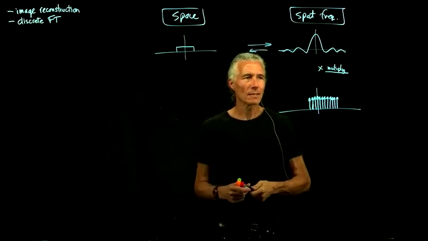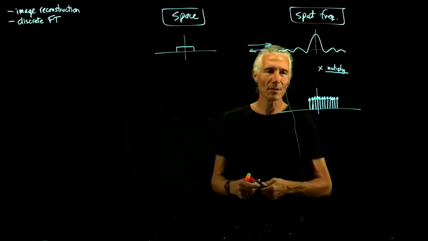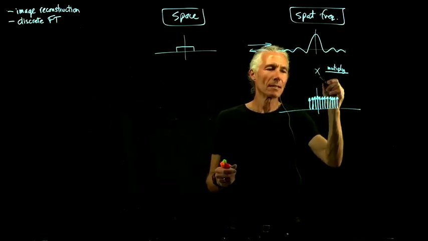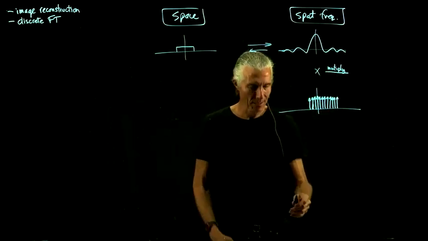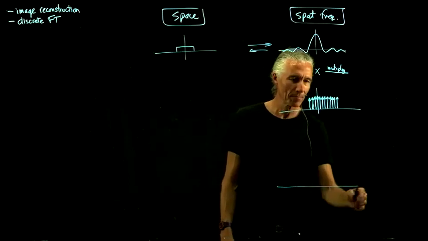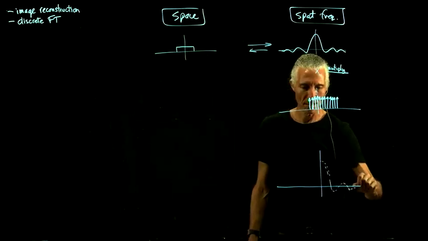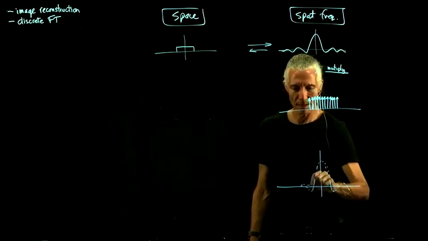So this is how we mathematically model the sampling. And so what we actually use in our discrete Fourier transform will be this sinc envelope, but we're just discretely sampling it.